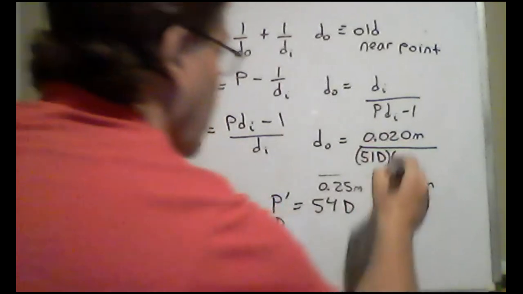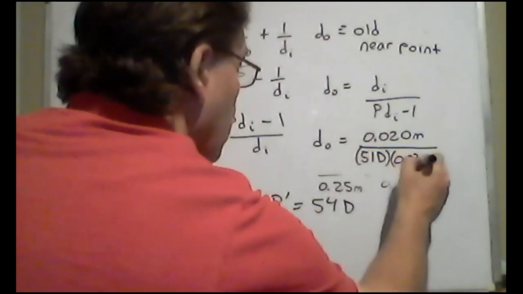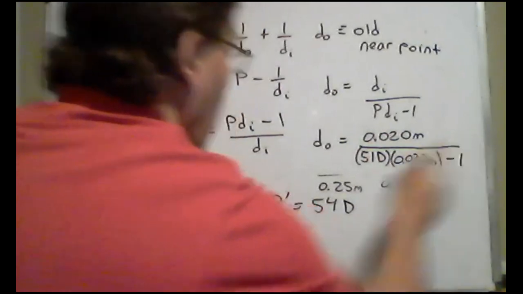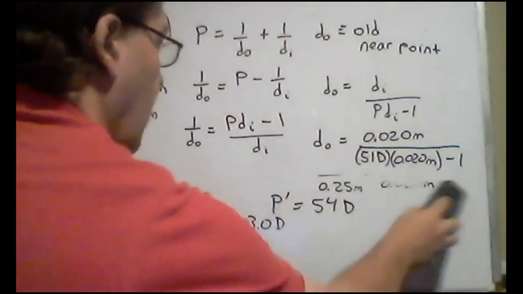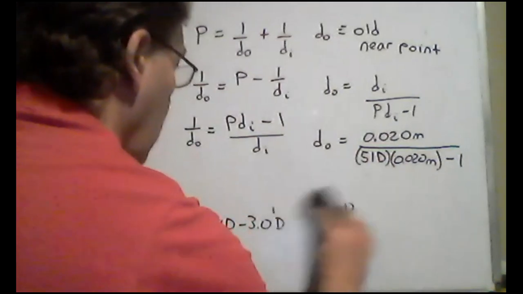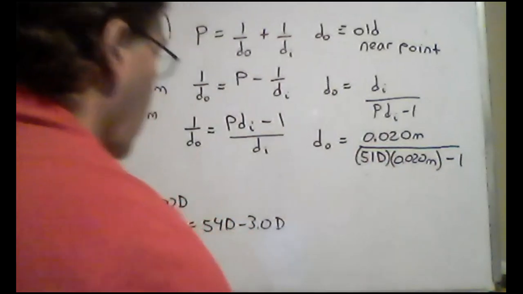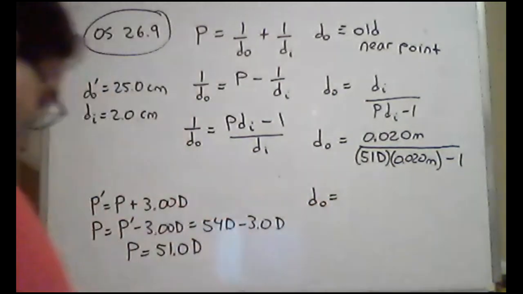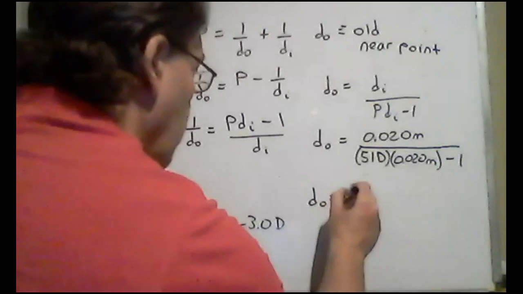And again, the lens retina distance, 0.020 meters. Then I have minus 1 down here. When I do all that, I find out that his old near point, this far-sighted person walking in, you work that math out, he had a near point of 1.00 meters.